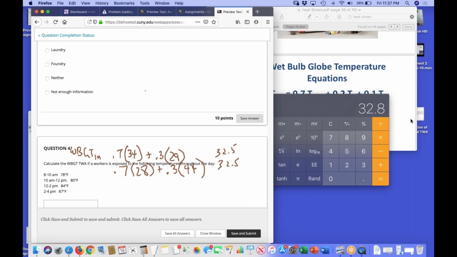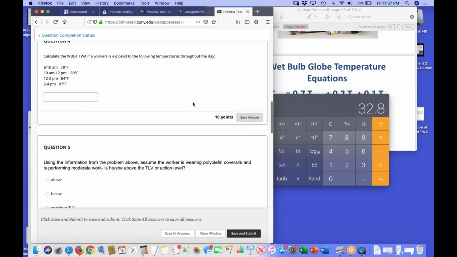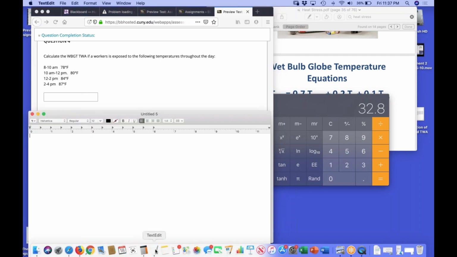Okay, I'm going to set this up so I can get to the next one. Calculate the wet bulb globe temperature, time-weighted average, when workers are exposed to the following temperatures throughout the day: 2 hours at 78 degrees, 2 hours at 80, 2 hours at 84, 2 hours at 87. So basically, it's going to be pretty simple. We're just going to calculate the time-weighted average over the total 8 hours that he was working.